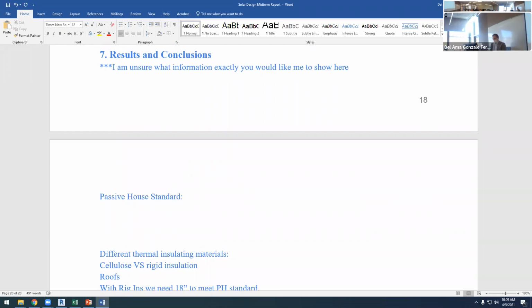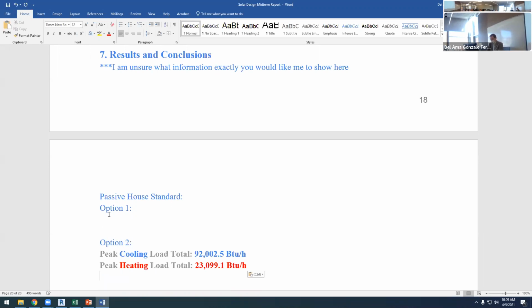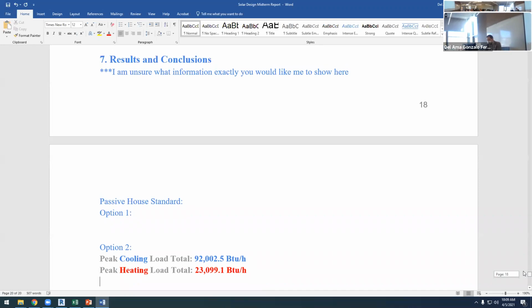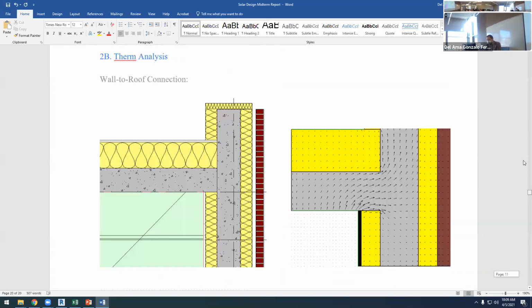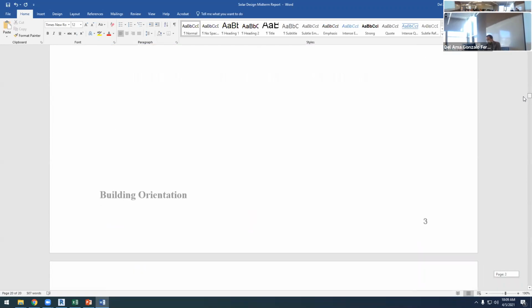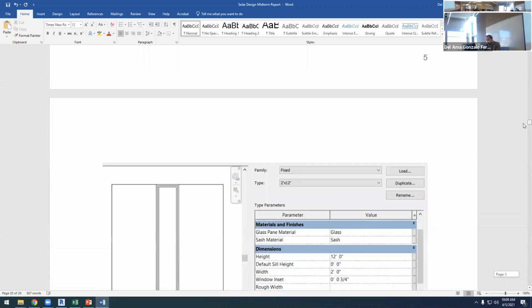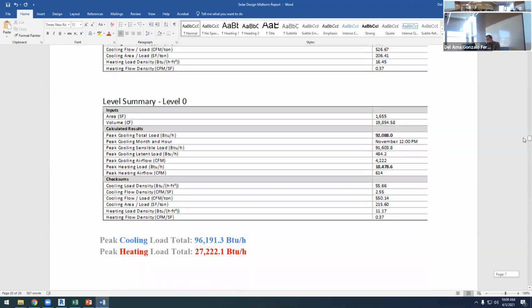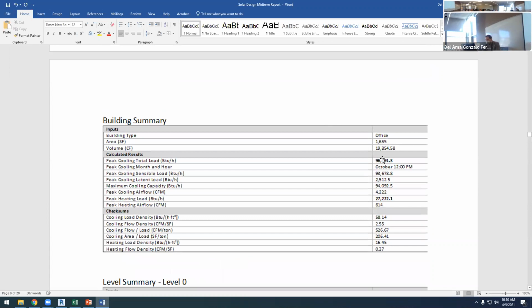If we are talking about the passive house standard with option 1 and option 2. So is this option 1 or option 2? Okay, with option 1, we have 96 and 27.